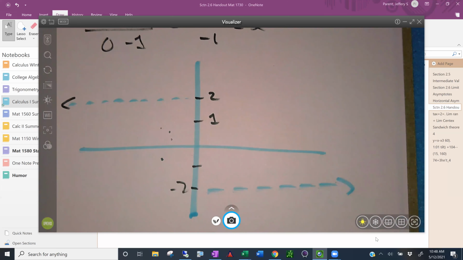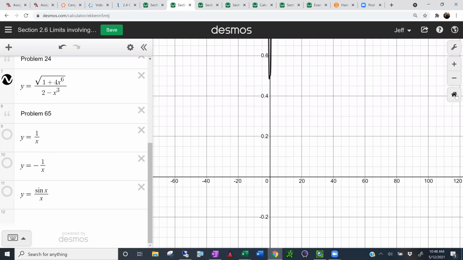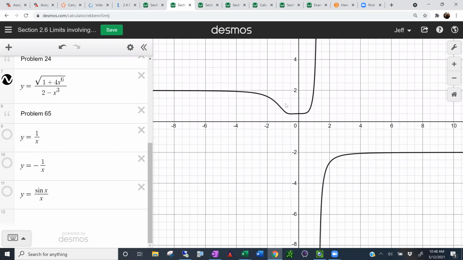And let's see that by looking at the graph. So that's this one here. Let me see if I can make that a little bit easier to see. There you go. So kind of an unusual behavior here.